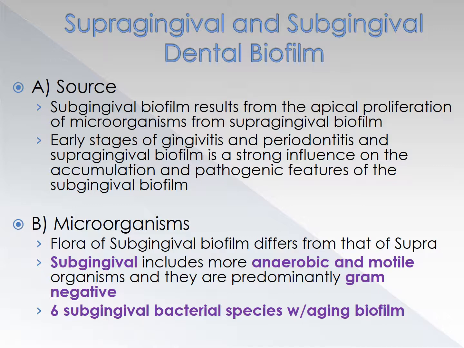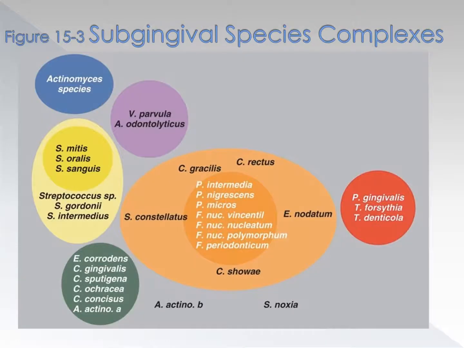Okay, subgingival bacteria species with aging biofilm. All right, and here's our subgingival species complex. And so you do need to know a lot of these, especially those in the red circle.